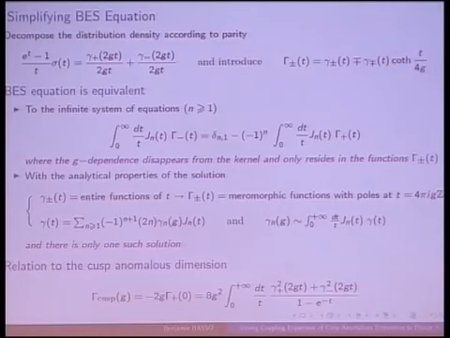This system of equations has many solutions, and in order to pick up the good one, we have to impose the analytical properties that produce the BES solution.